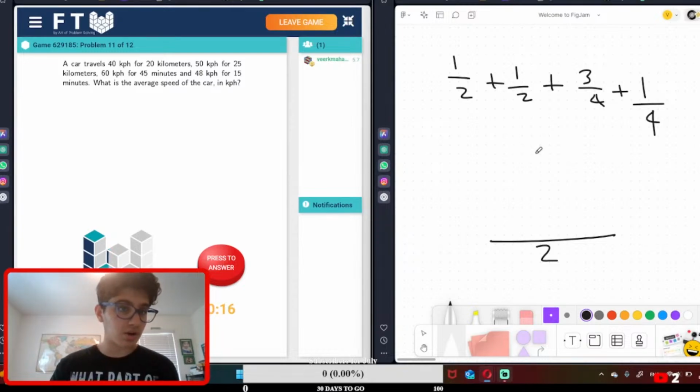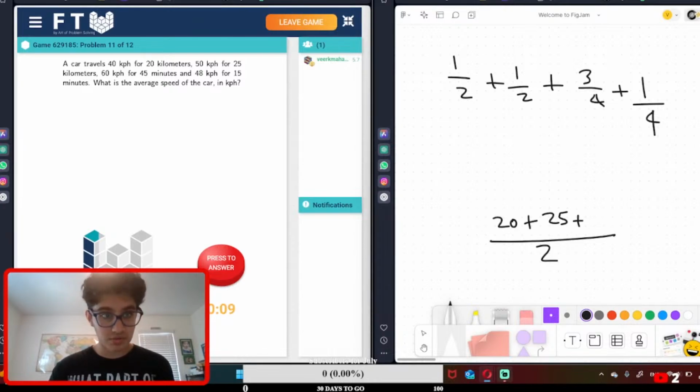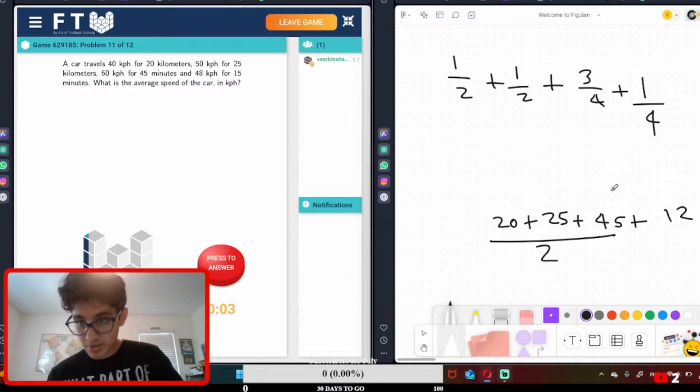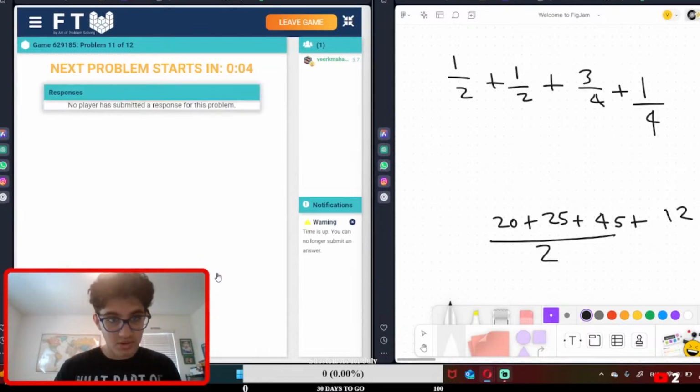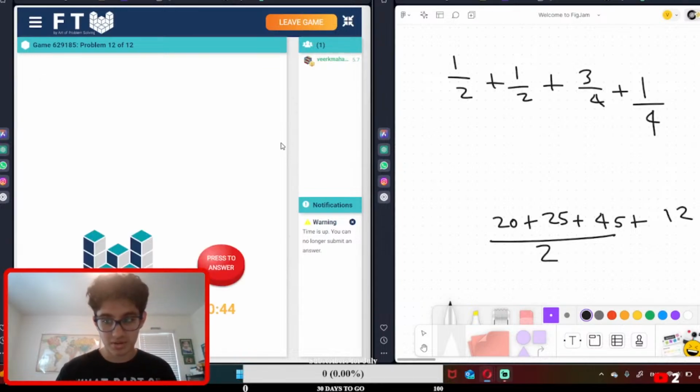So it'll do 40 kilometers per hour for 20 kilometers. So okay, 20 kilometers plus 25 plus 45 because it's 60 kilometers per hour plus 48 times 1/4. So plus 12. If you add this stuff up, it becomes 45, 90, 90. So 102. Okay, it should have been 51. I think it would have been 51.